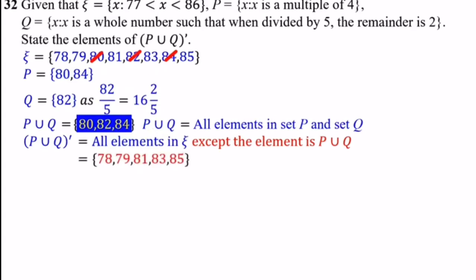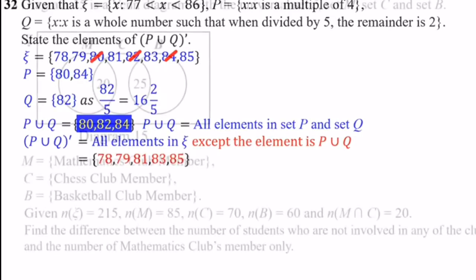These are the elements in the set of P union Q complement. Understand? So the answer will be 78, 79, 81, 83, and 85. You have 5 elements. If you do it like this, you can reduce careless mistakes.